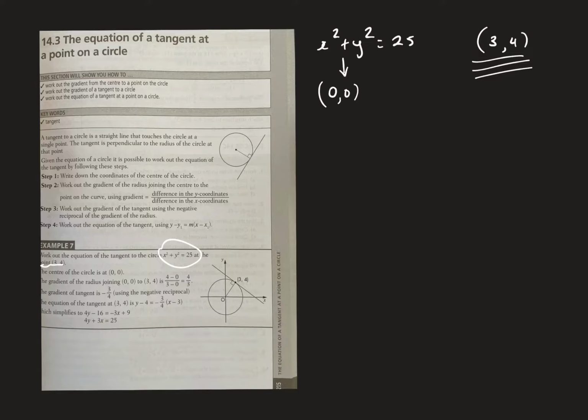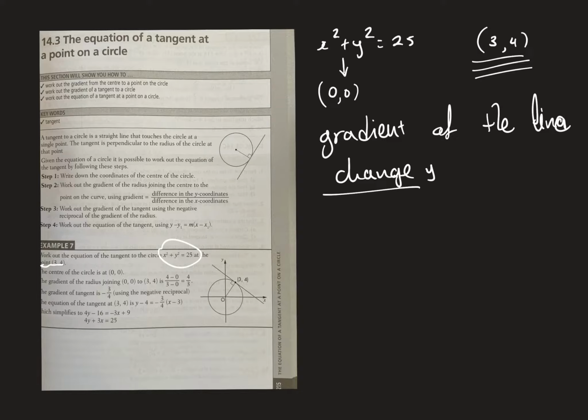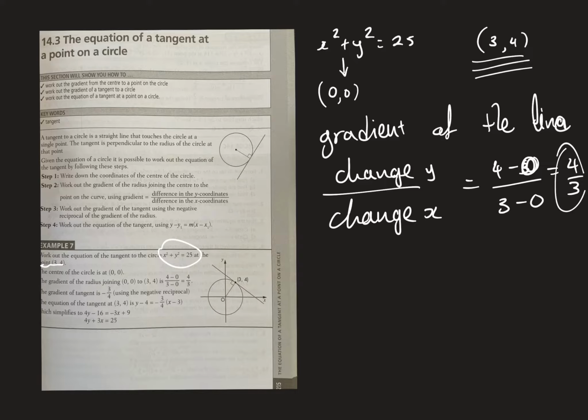So let's find the gradient of the radius. The gradient of the line is change in y over change in x. So 4 take 0, over 3 take 0, which gives us 4/3. So the gradient of the line, which is the radius, is 4/3.